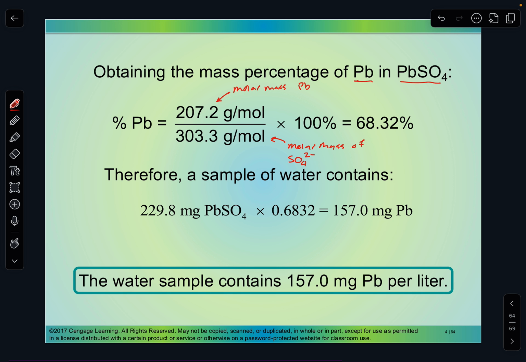We'll divide them, multiply by 100, and you get this amount. We'll then take the amount of lead sulfate that we got out of the reaction, multiply it by the decimal form of the percent of lead in there, and it'll tell us exactly how much lead we have in that sample. And that'll tell us that the water contains 157.0 milligrams of lead per liter.